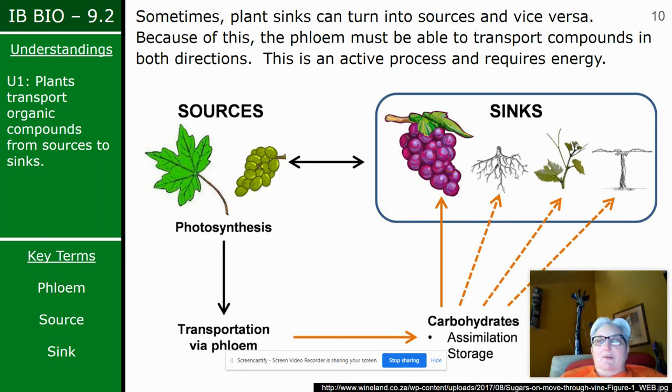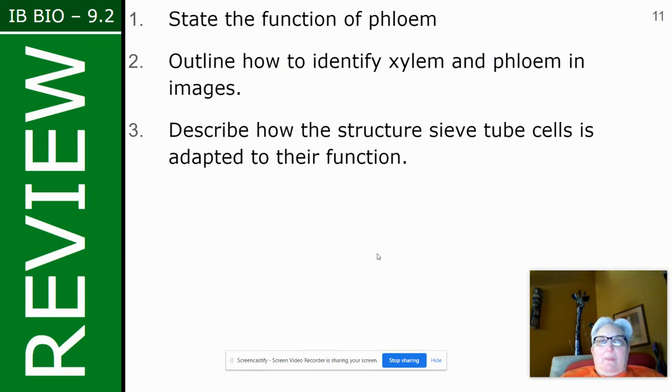Right? We see the fruit, we see root systems, we see leaves, we see stems. So all those things are very active, and it causes the organic compounds, like the sugars, to be sources to the sinks themselves, right? So this is very fluid.